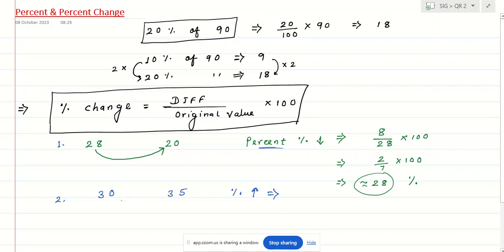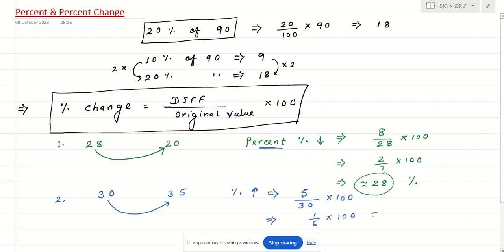Lower to higher. So what is the original value here? 30, correct? So the same. How much is the difference? 5. What is the original value? 30. And multiply into 100. That's all. So how much will we get here? I'll get 1 by 6 into 100.